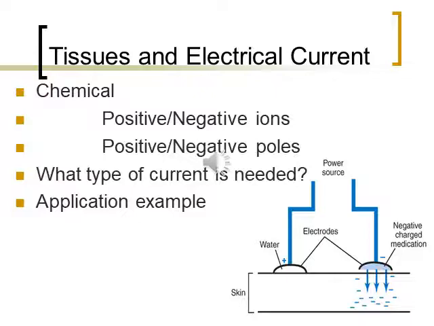So in order to push that negative charge, or get that medication to go through the skin, you need the negatively charged pole, or terminal, to be on that. Because what that's going to do is, you put the medication on the pad, and when you apply the negative charge to that pad, remember, like repels like, that's going to push the ion through the skin, theoretically, and get it to the treatment area.